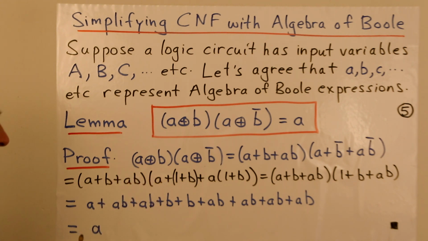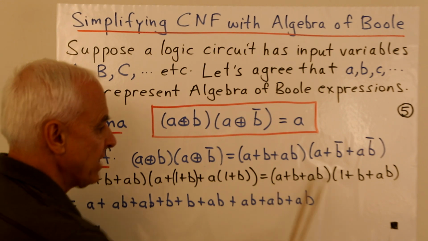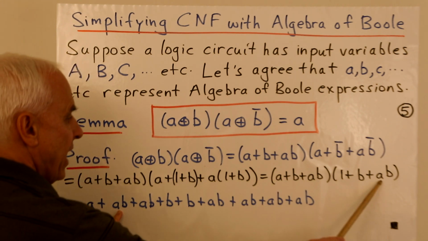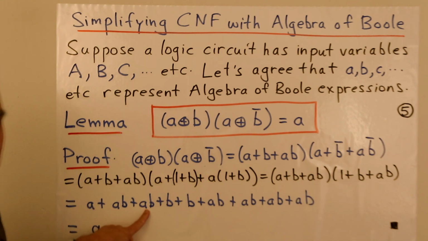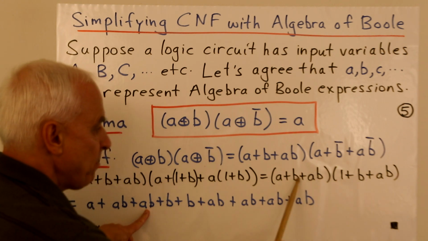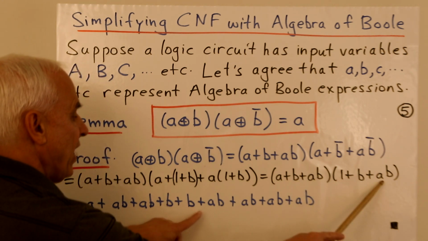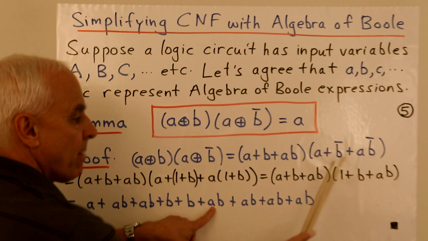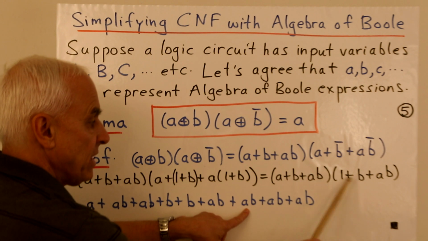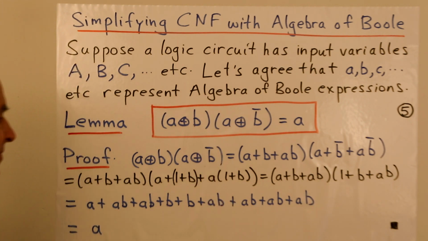So what do we get? Let's multiply just using the distributive law. A times 1, there's an A, times B is AB, A times this is another AB, because A squared is A. Now multiply all of these three by B. We get a B plus another B plus AB. And multiply everything by AB, well, we get AB, and then this times B is also AB, and AB times AB is also AB.